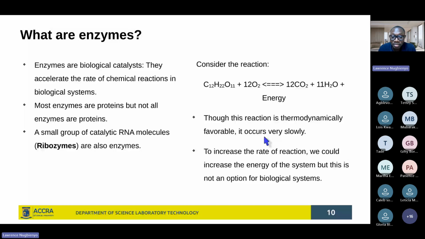The biological system is made up of biomolecules like proteins and nucleic acids, and when you increase temperature up to a certain level, these biomolecules will begin to get denatured. So you can't increase the temperature of a biological system to increase the rate of the reaction. So you have enzymes to increase the rate of chemical reactions through other mechanisms, which we will look at.